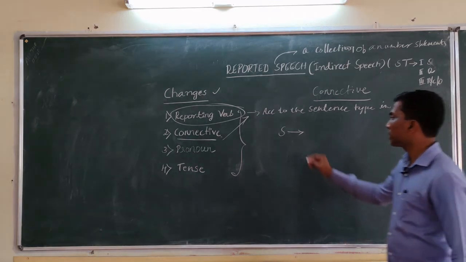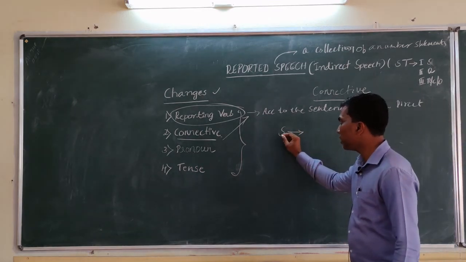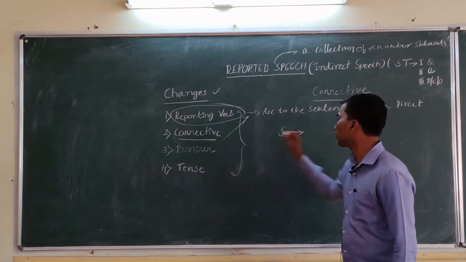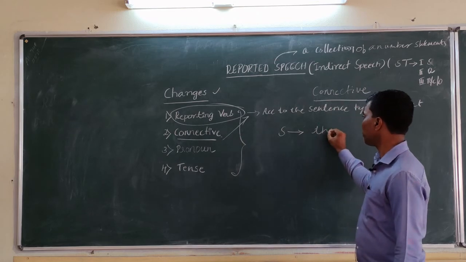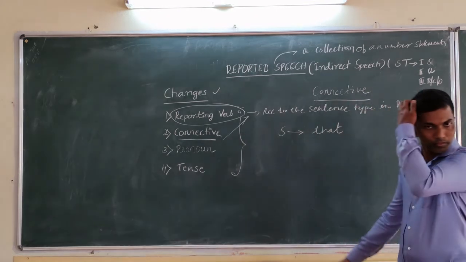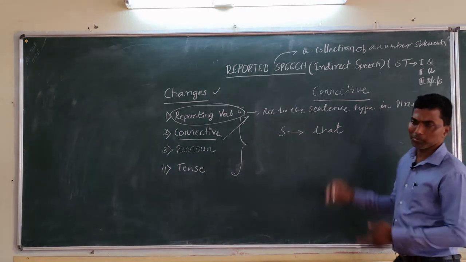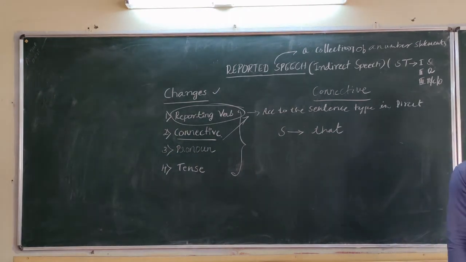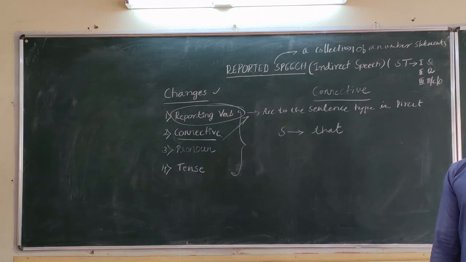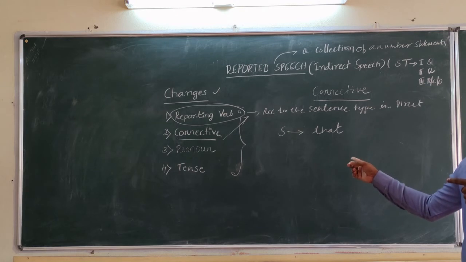Whenever there is a statement, you need a connective, and the connective is that. This word should come if it is a statement. Where? In reported speech. In direct speech, you don't have this word.